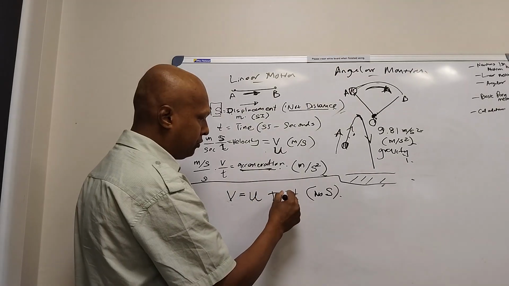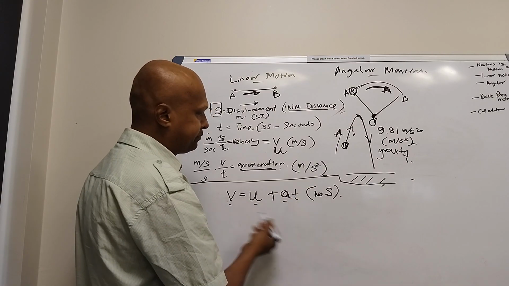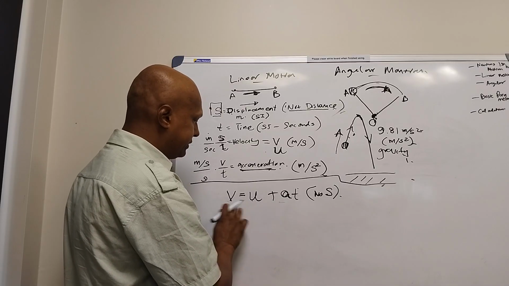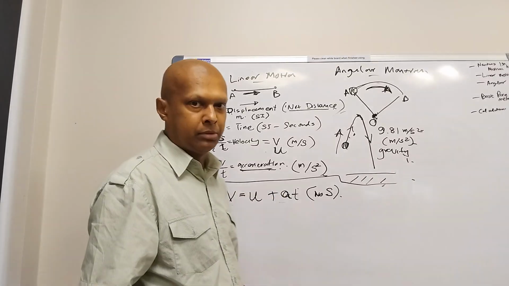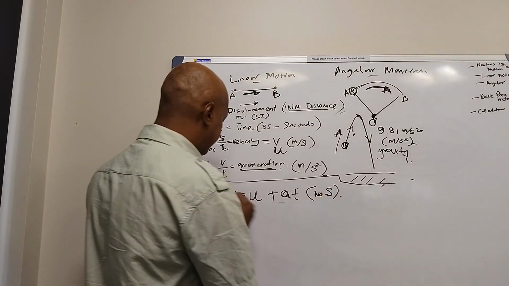Usually we should know at least three parameters, and then we can calculate another parameter. So that's the first equation.